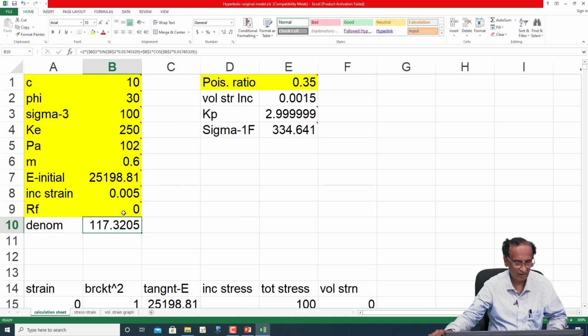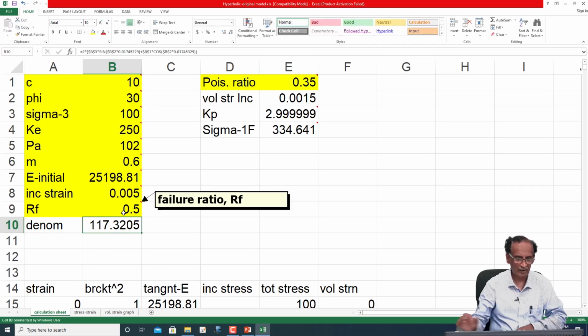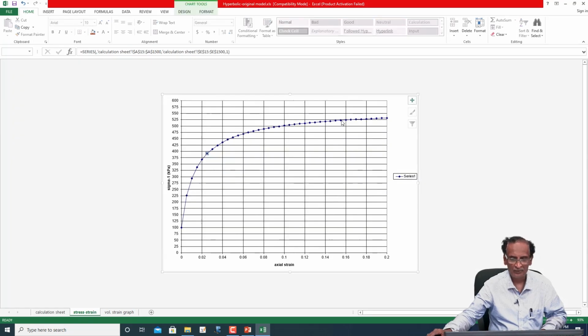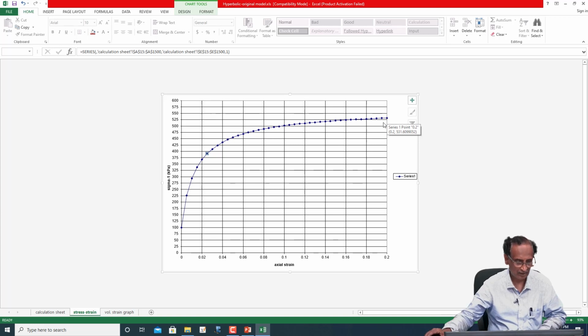Let me just take some value of 0.5, and then you see that you get significant slope, and because of that your shear stress is increasing much beyond your shear strength.